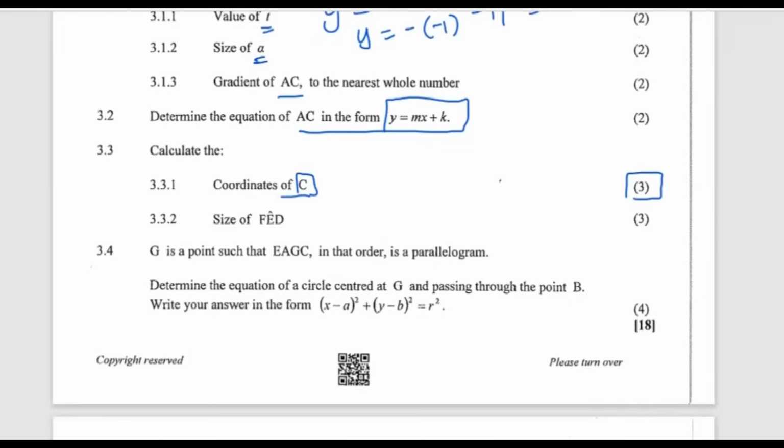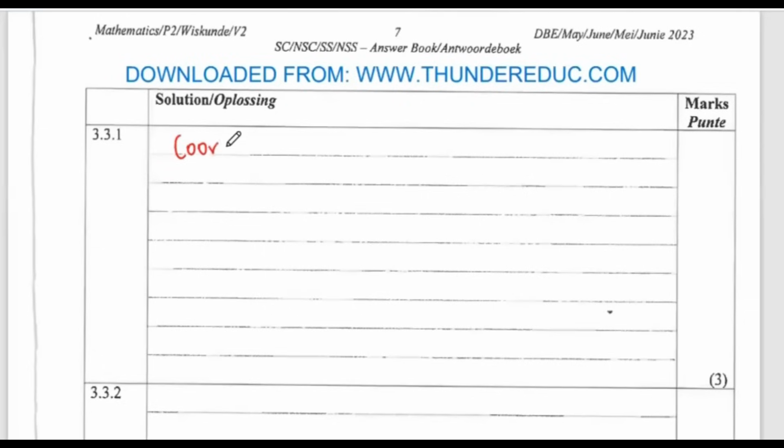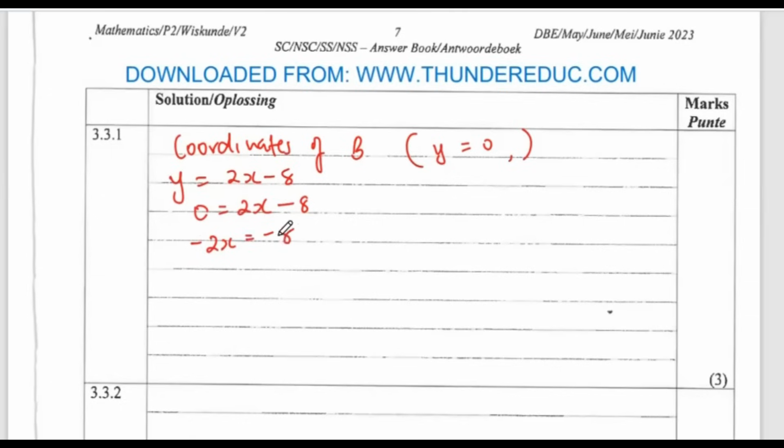So I need to get the coordinates of B. From my equation, y is equal to 2x minus 8. We know that at B, y is 0, since B is on the x-axis. So let's replace y with a 0 and look for the value of x. So 0 is equal to 2x minus 8. Move the 2x that side. -2x is equal to -8. And then I'll divide by -2, which means my x is 4. So the coordinates of B are (4, 0).